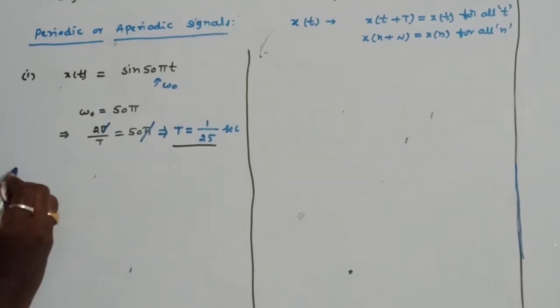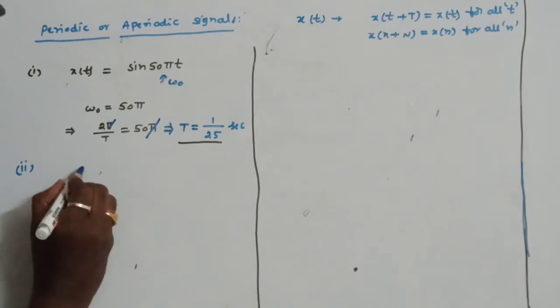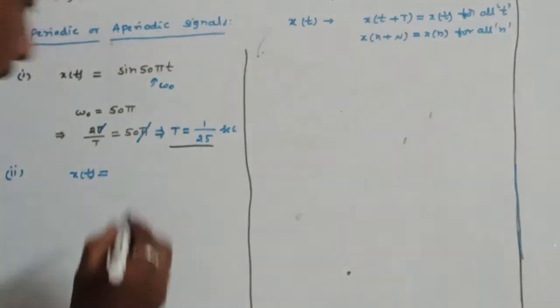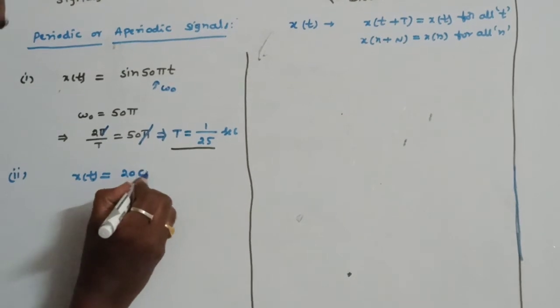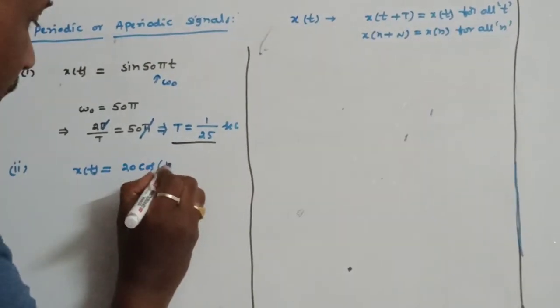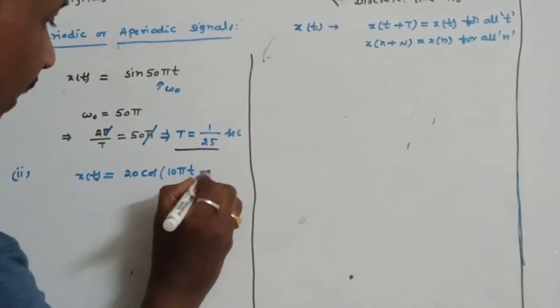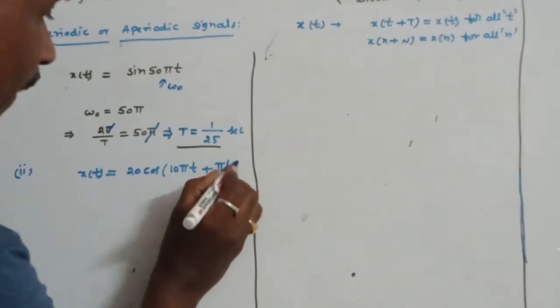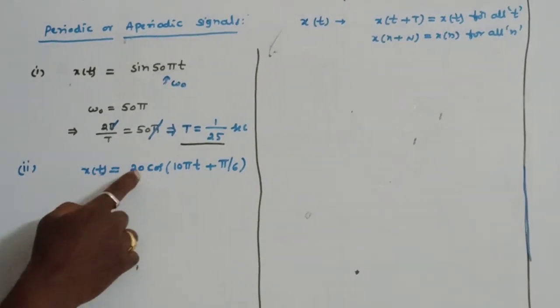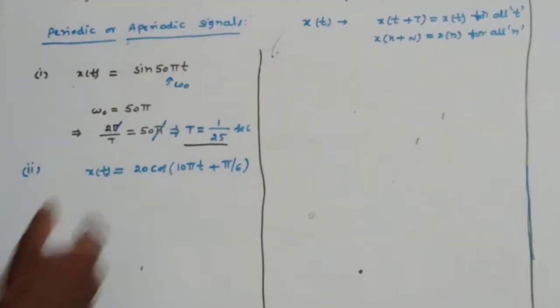So let us take the second example. x of t is equal to 20 cos of 10 pi t plus pi by 6. This is the general format of A cos of omega 0 t plus theta.